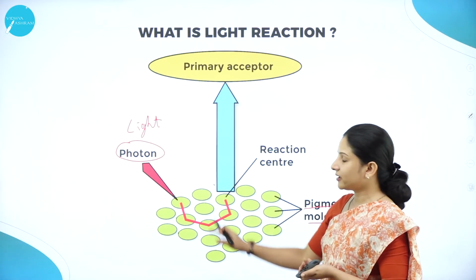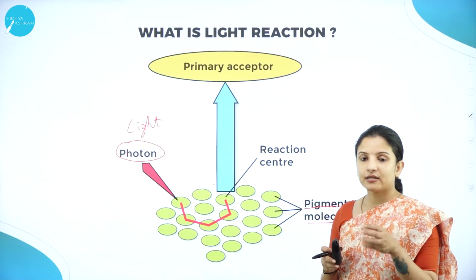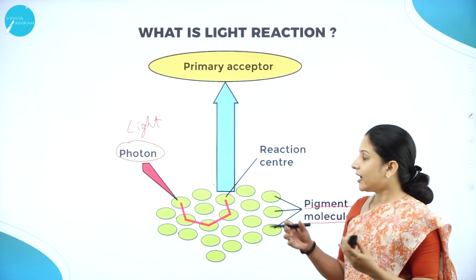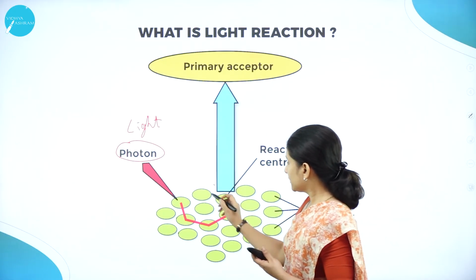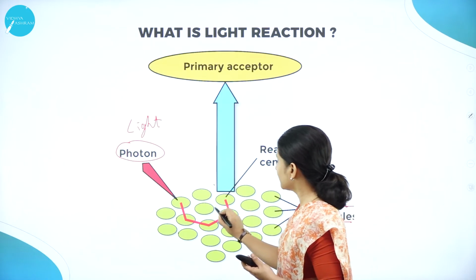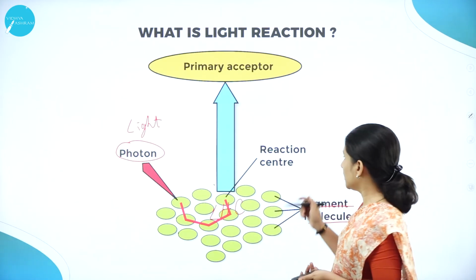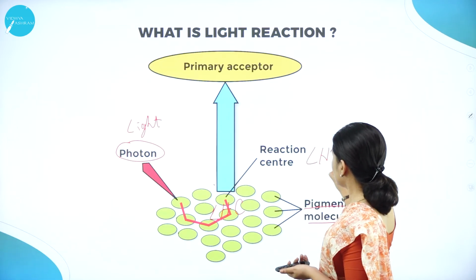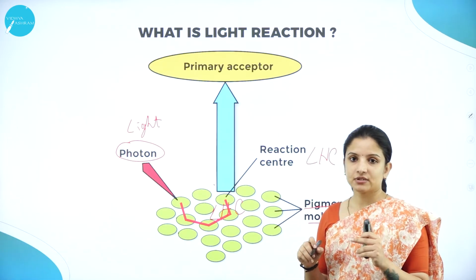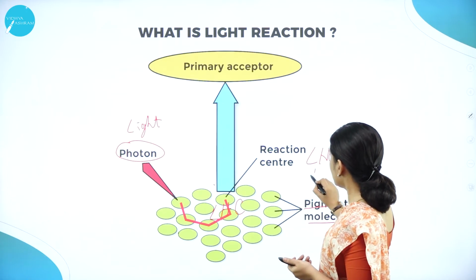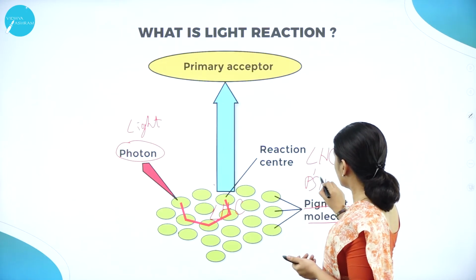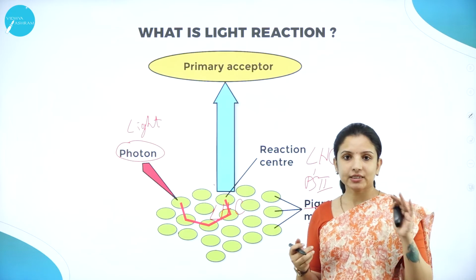They act like antenna, they will get stimulated, and in this pigment molecule there is something called the LHC, the light harvesting complex, which has reaction centers called PS2 and PS1.